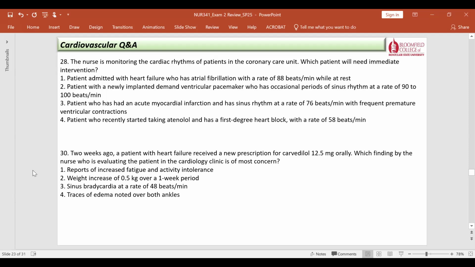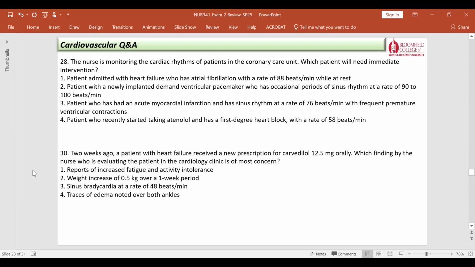A patient with AFib, heart rate 88; a patient with a newly implanted demand ventricular pacemaker who has occasional periods of sinus rhythm, 90; a patient with acute MI and sinus rhythm, heart rate 76, with frequent PVCs; or a patient on beta blockers who has a first degree AV block, heart rate 58.